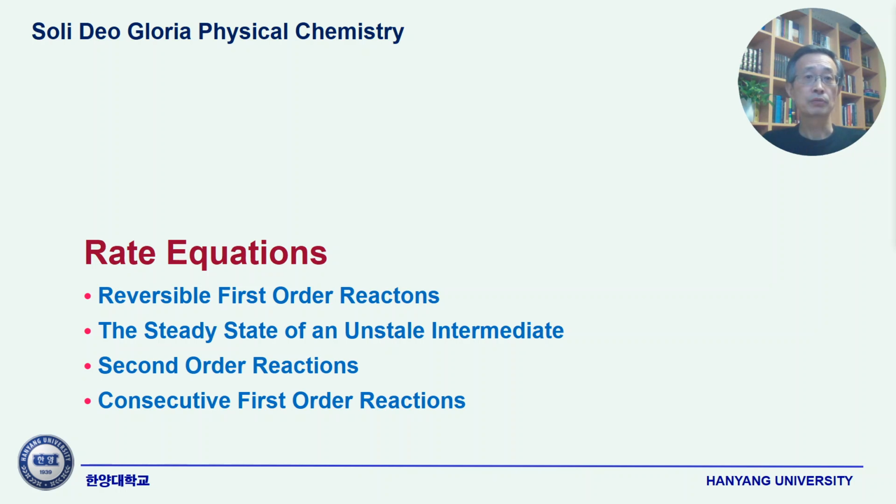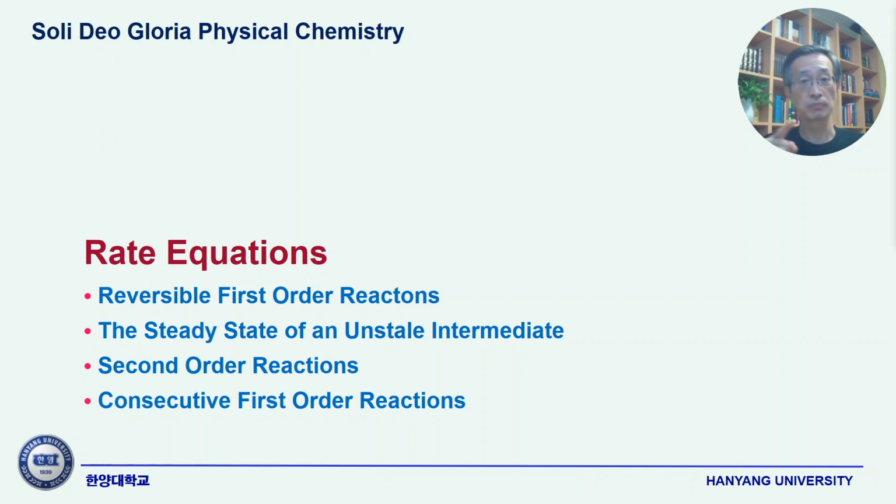So today we are going to do a little bit more complicated, advanced matter of those rate equations. Firstly, we'll do reversible first order. It is still first order, but it is reversible. You have to consider both the forward direction and the reverse direction, and also steady state with an unstable intermediate. It's a little bit more complicated. And then second order reactions, okay?